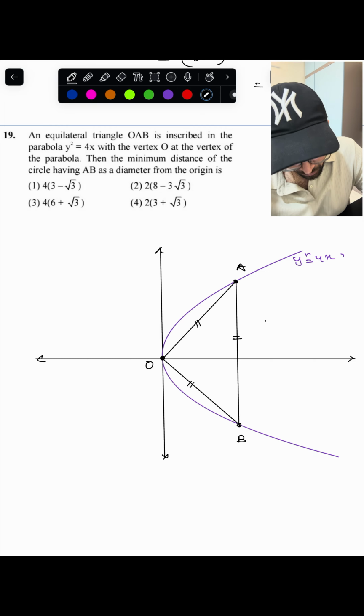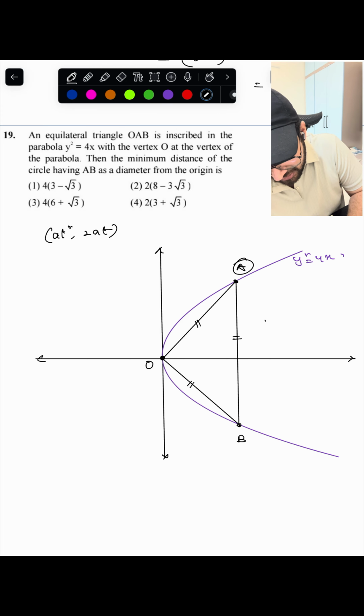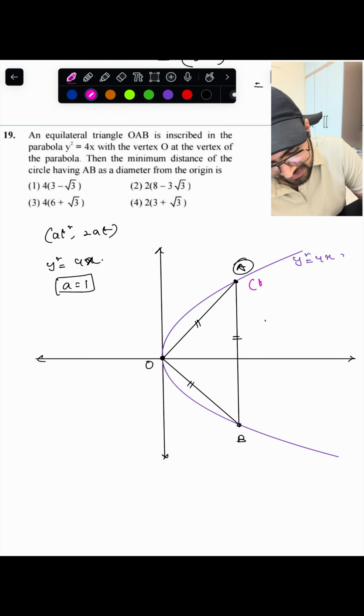As A is a point on the parabola, I can assume it as parametric point at square comma 2at. Y square equals 4x is there. So I can assume A as t1 square comma 2t1, and B as t2 square comma 2t2.